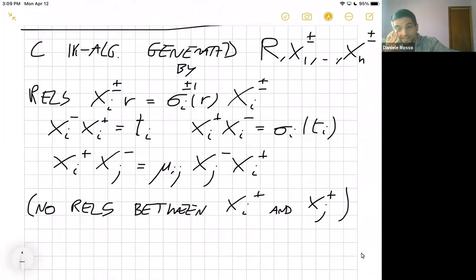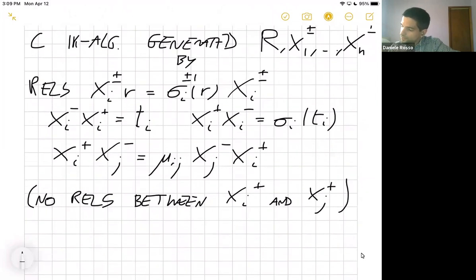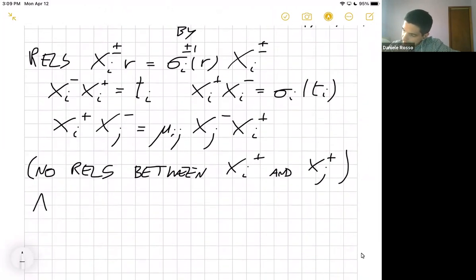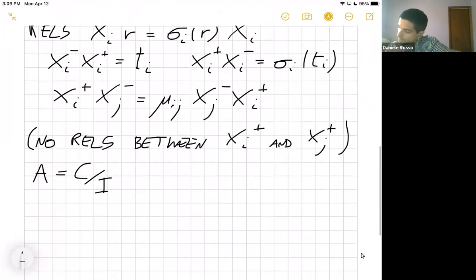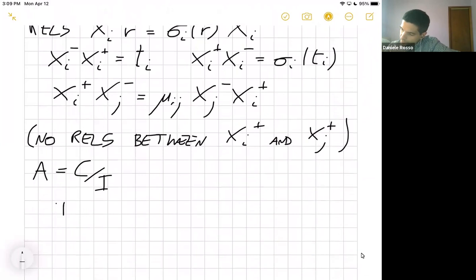So in order to get some relations between those, I need to do it in a roundabout way. This is why these are called the twisted generalized Weyl algebras. There are things called generalized Weyl algebras that are a little easier to define. But for this one, to define A, I need to take a quotient of C by a two-sided ideal I. There are a couple of different ways to define it.